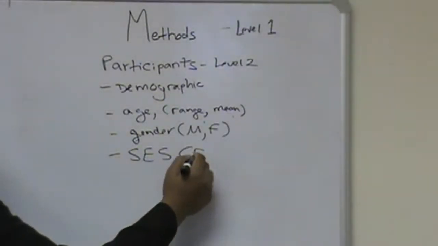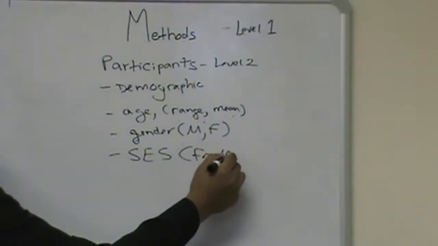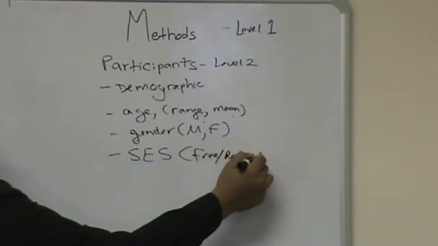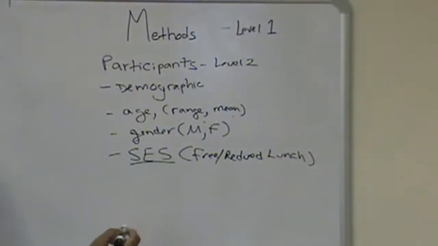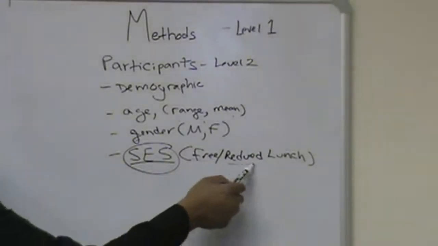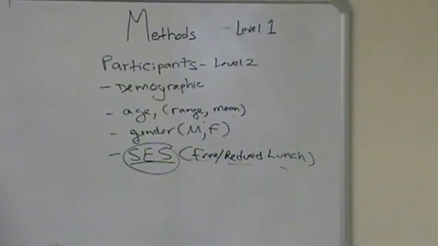For example, free reduced lunch, right? That relates to socioeconomic status. There are lots of other things that go into SES as well, but that's a quick, easy way to give some indication of the socioeconomic status of your participants.